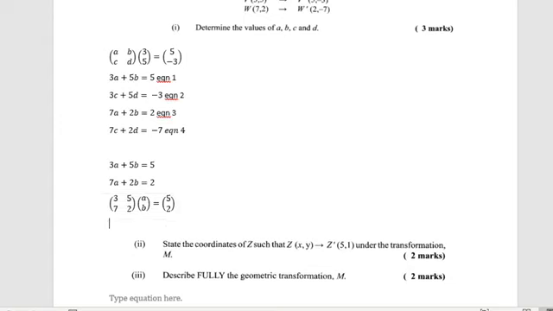So now what we'll do is therefore make A B, the letters, on one side and all the numbers on the other side.